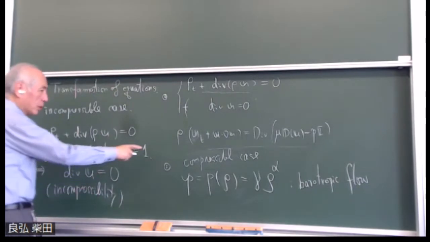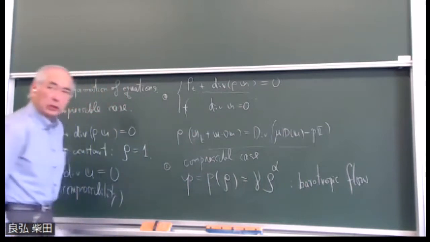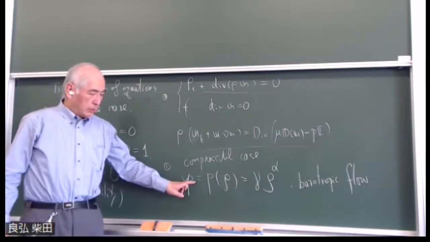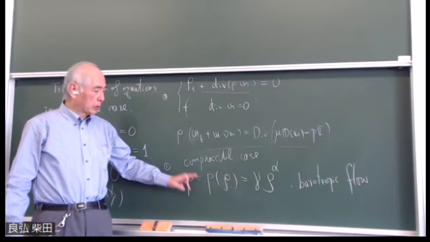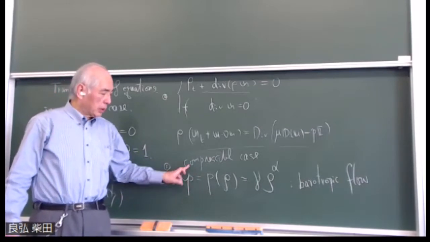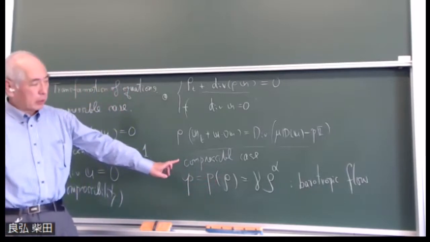Therefore, the compressible case also needs some kind of restriction on P and rho. This is a very standard restriction for the equation. So pressure depends on mass density. So barotropic.